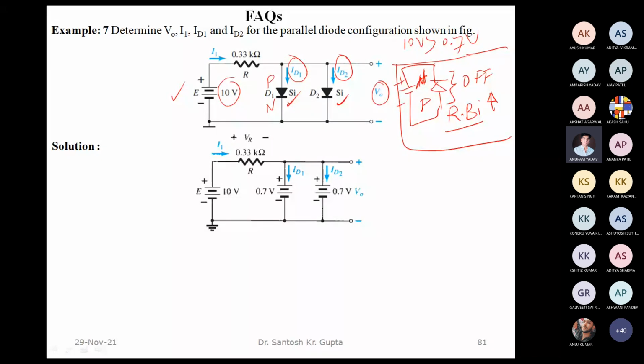Both the diodes can be replaced by their equivalent circuit, assuming that the forward bias resistance is 0. The forward bias resistance RF, or what we have also called RD, the dynamic resistance, or we can also call it RDC. All these values will be the same in this case because it is a DC potential.